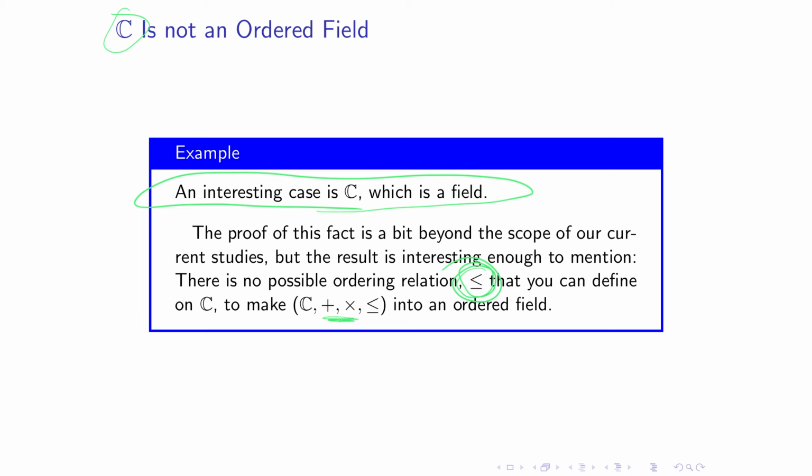The proof of this fact is a bit much for us, especially since this isn't quite the kind of thing that we're interested in this class, so I'm not going to go into the proof of it, but it is just worth remarking that there is no way to make C into an ordered field using the traditional interpretation of plus and times.